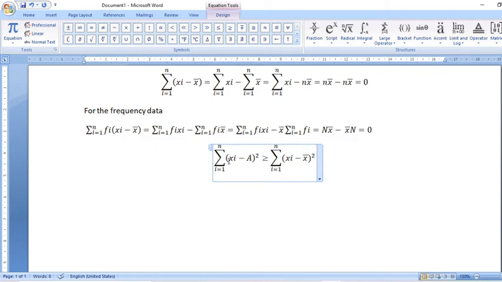This is the result: the sum of squares of deviations of the observations will be minimum when we take the deviations from x bar, the arithmetic mean.